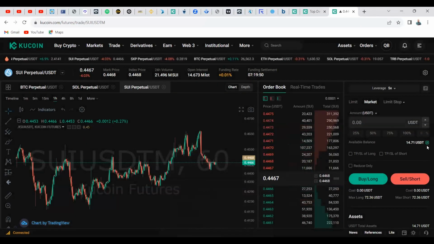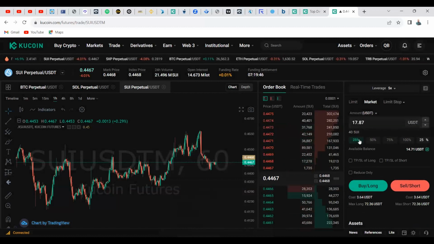This means now that if I click on 25%, I can see that it gives me the total value, and this is the amount of available USDT that I have over here.